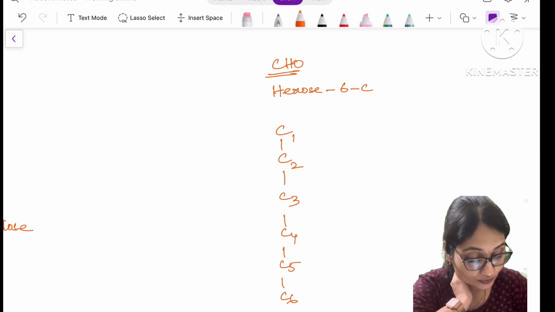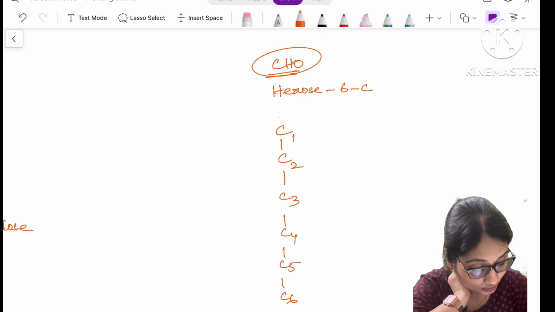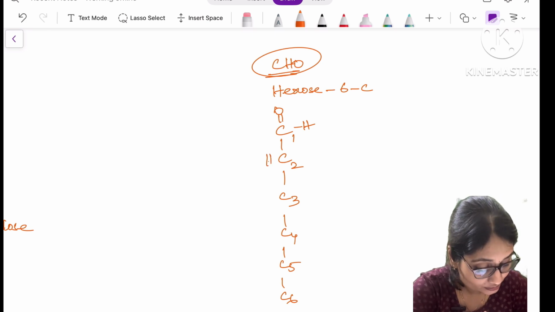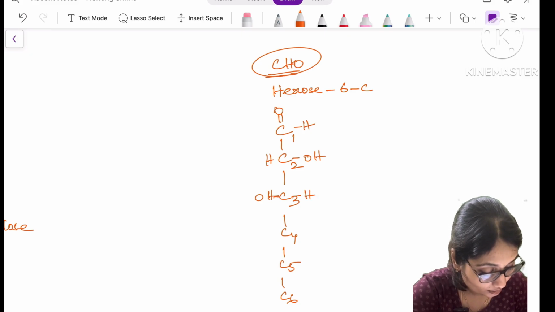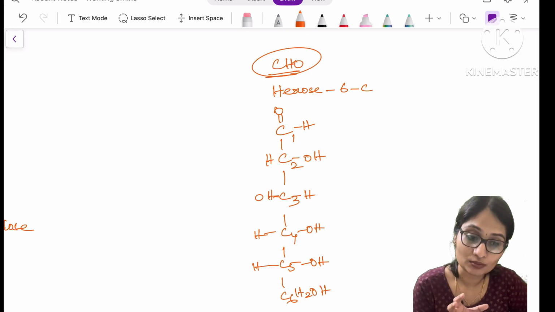The first thing is the functional group, so let me draw the functional group here. And then from C2 onwards, it is written something like this: CHOH, then we have COH, then CHOH, then CHOH, then CH2OH. Okay, so this is how a glucose molecule looks.